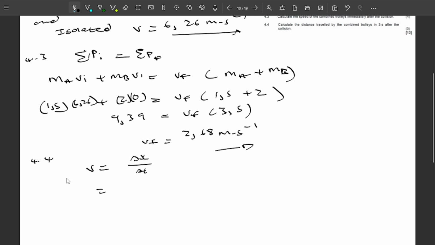Now we're looking for the change in x. I'll just multiply the V by the change in t to make the change in x the subject of the formula.